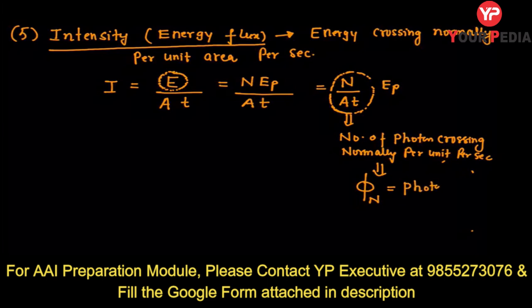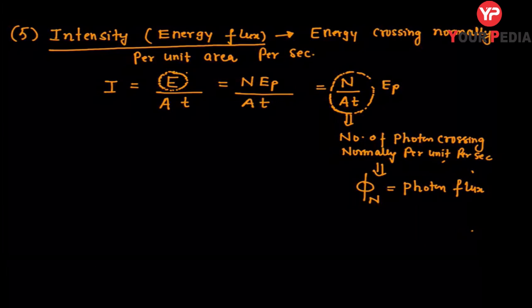Keep in mind, photon flux, a very important term. So it can be defined as the number of photons incident on a normal surface per second per unit area to carry that energy. Which energy? This energy E. Is it clear? Or you can define it as the number of photons crossing normally per unit area per second to carry this energy E. Is it right?